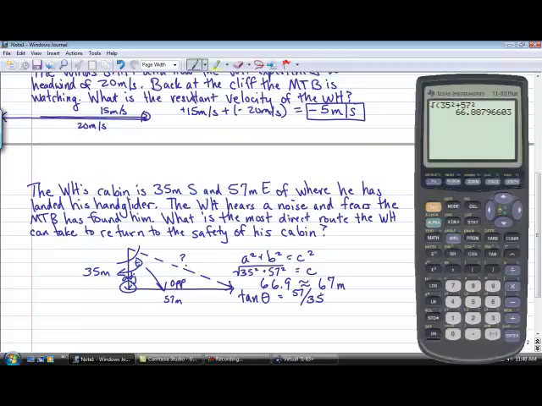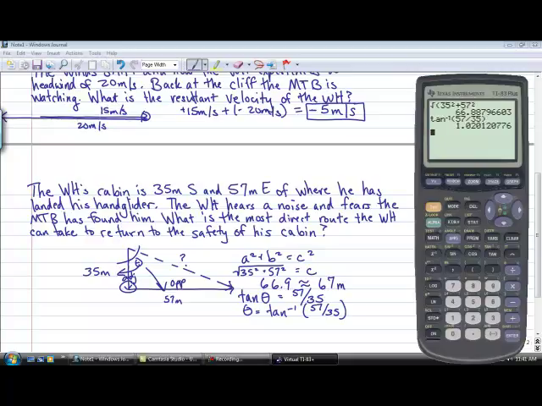Now to actually find that value, theta is going to equal tangent to the -1 of 57 divided by 35. So I have to do second tan on my calculator, and then 57, divide that by 35, close off my parentheses, hit enter.